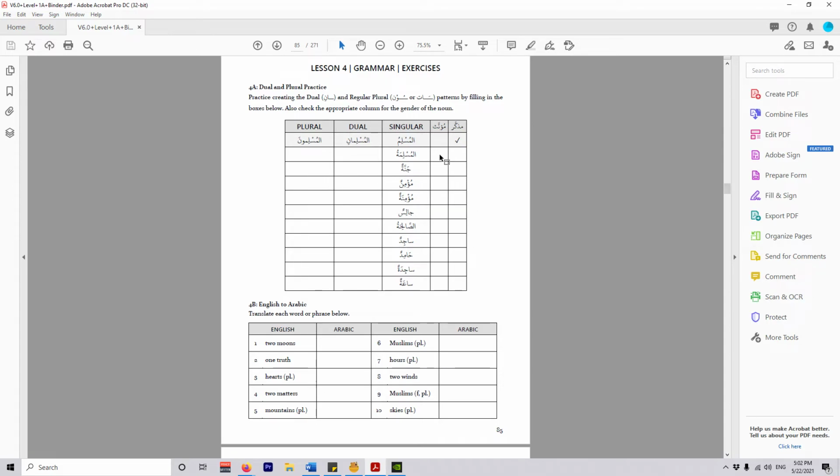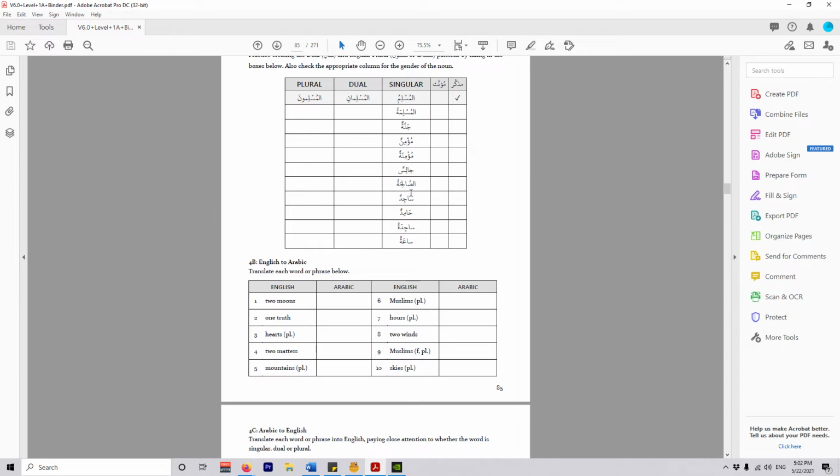And of course, these are both feminine here, so you want to check the feminine side. This is masculine, so mu'minun becomes mu'minin or mu'minuna, and so on and so forth. With these, we can check these and go over them if you would like.